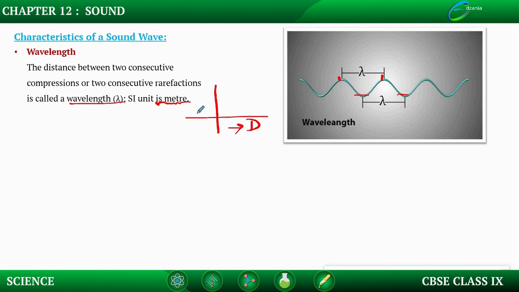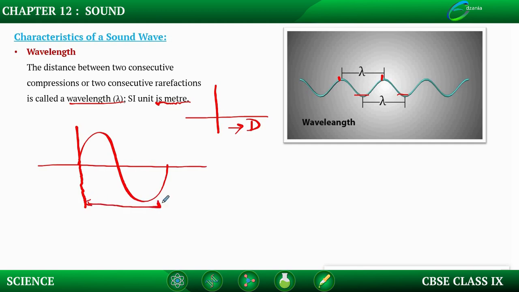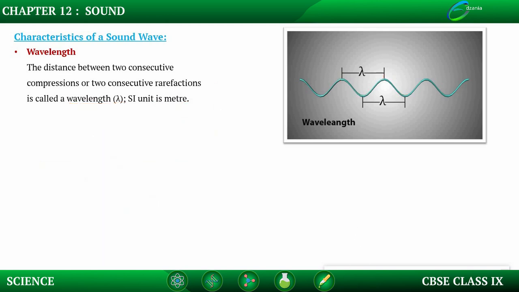Okay, so this represents the wavelength, or in other words, if I take a sinusoidal wave here, going like this, it is one cycle. This represents the one cycle of oscillation. So here is wavelength, that is distance between two consecutive compression or two consecutive rarefaction, represented with lambda.